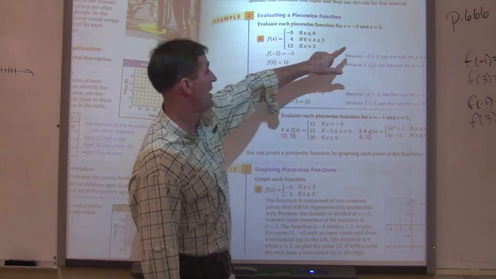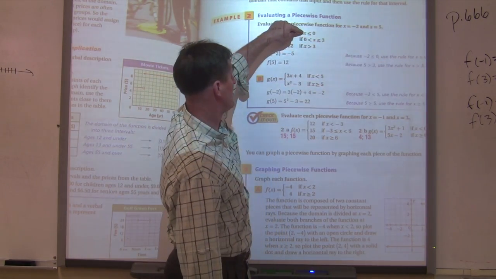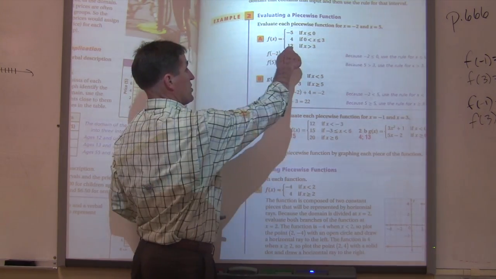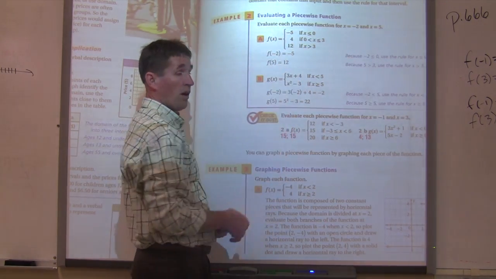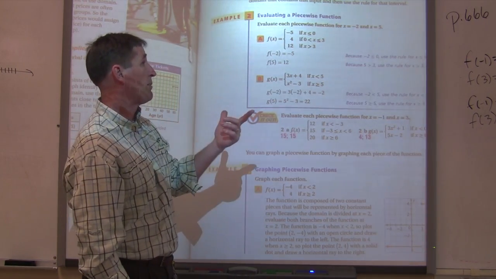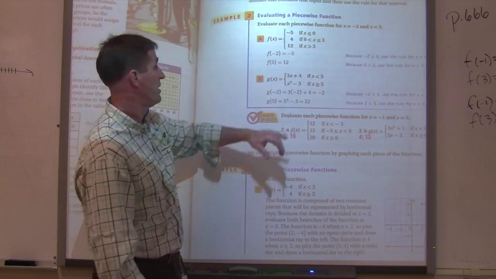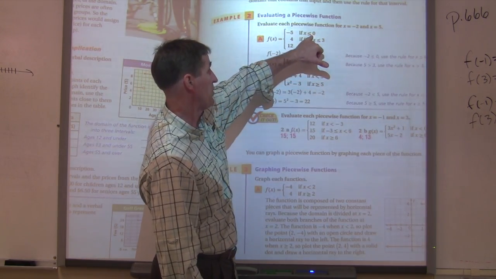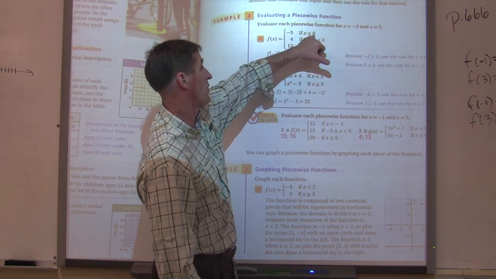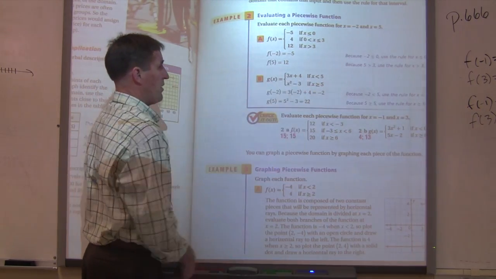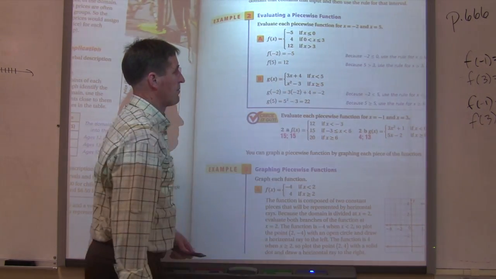And for x equals 5, it's not less than 0, it's not between 0 and 3, it is greater than 3, so I use this rule, so f of 5 is 12. So it makes it pretty easy. Now, one thing you need to be careful of, if it's 0, you wouldn't use this one because x is greater than 0, so I'd have to use this one because it can be less than or equal to 0.